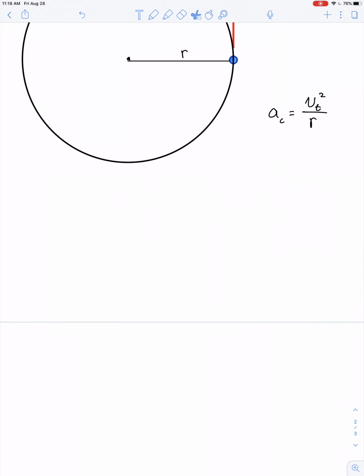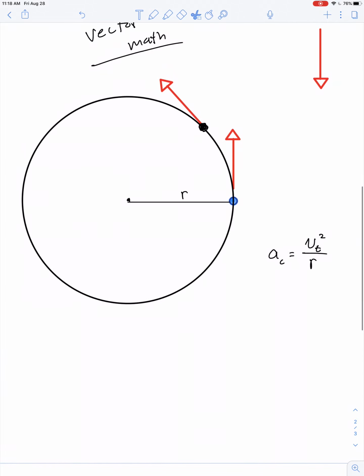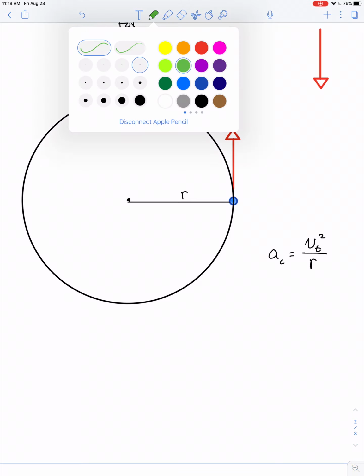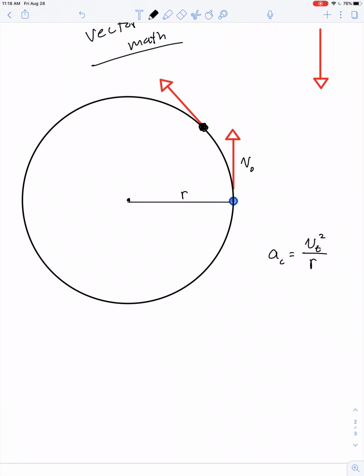So how does this apply to the case of an object that's moving in a circular path? Okay, we'll call this V initial, and we'll call this V final. Now keep in mind, the only reason these vectors are different is because they point in a different direction. However, in each case, the length of those vectors is the same.